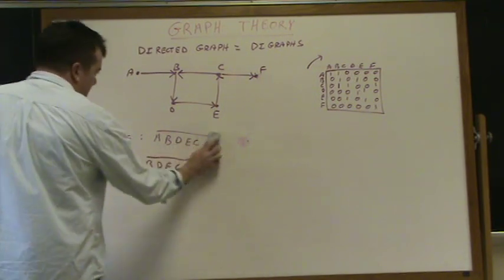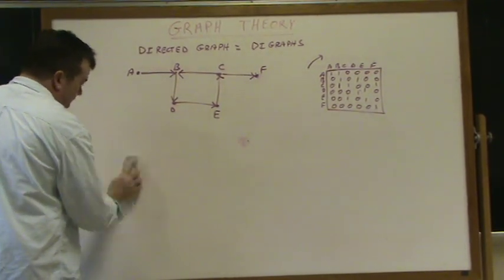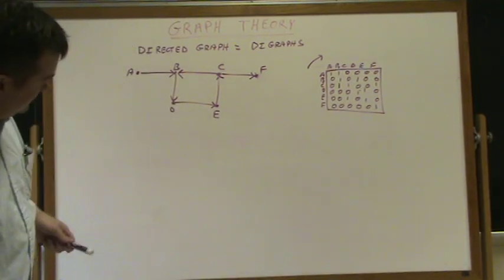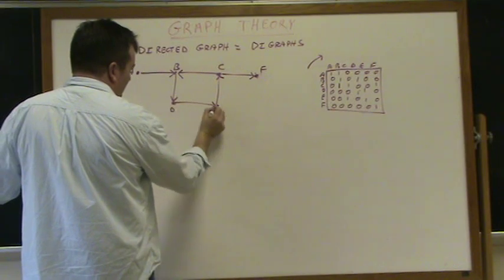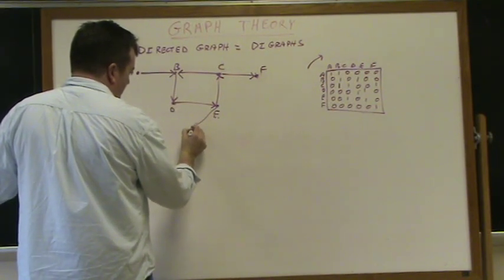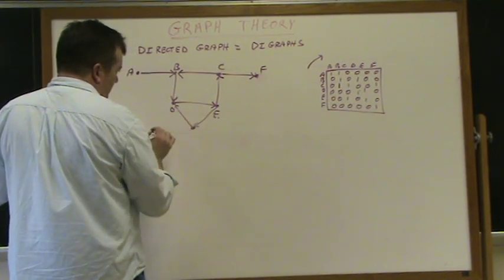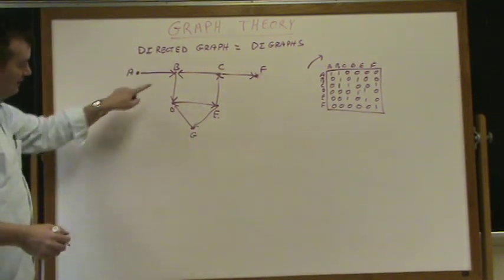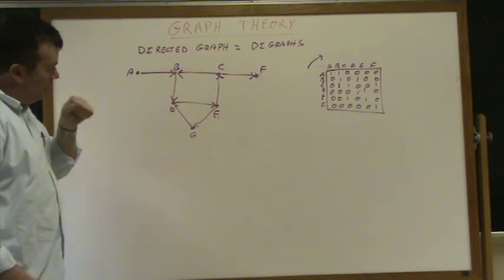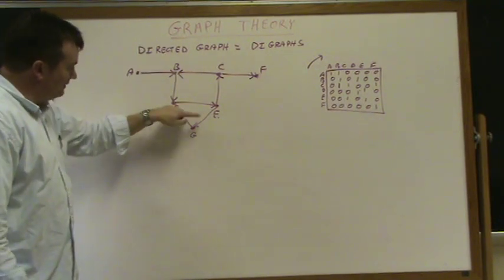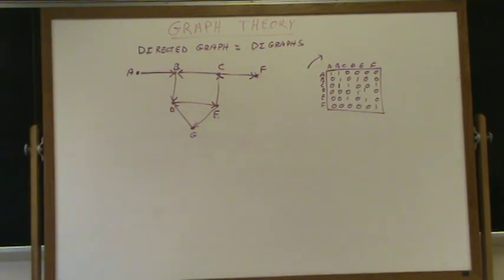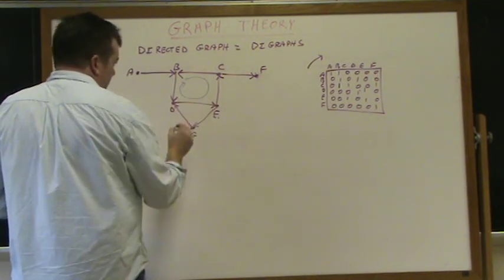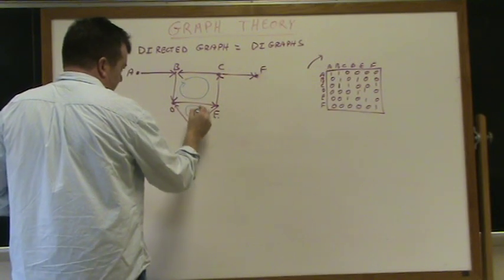We could have F and G. So now we have this cycle and this cycle, right? We have the one you just pointed out, which goes like this, and then we have another one here.